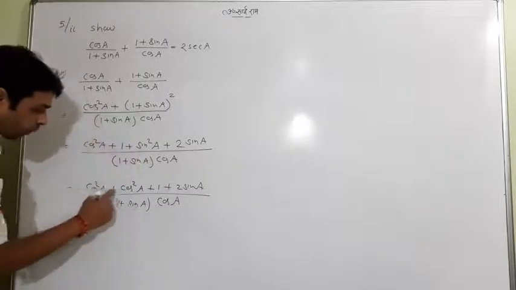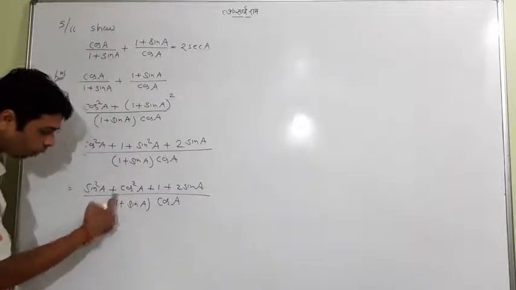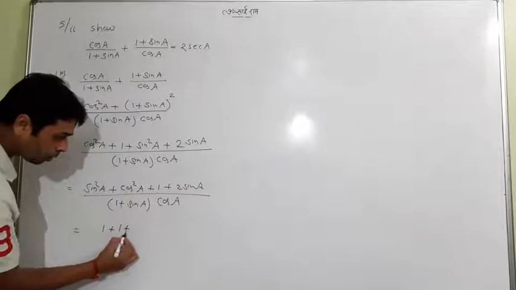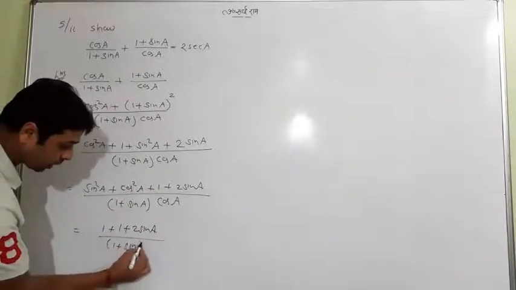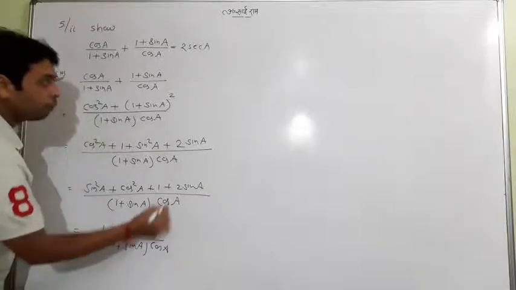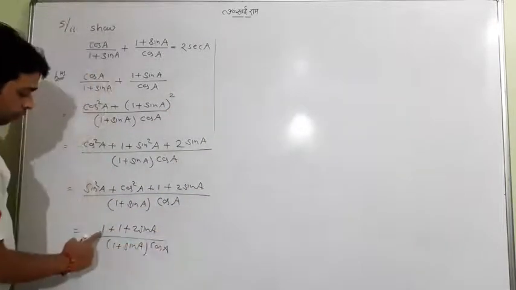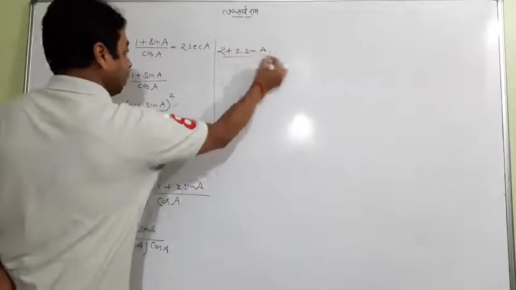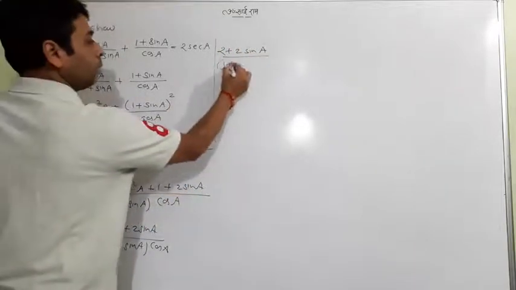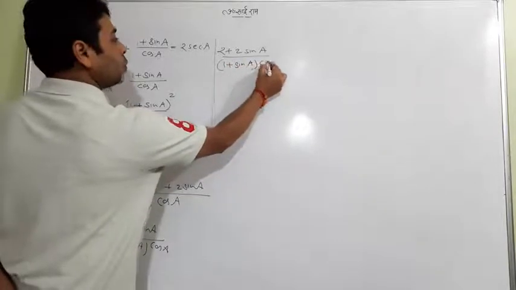So this is the first identity, 1, and plus 1 plus 2 sin A upon 1 plus sin A into cos A. Further, 1 and 1 make 2, plus 2 sin A upon 1 plus sin A into cos A.